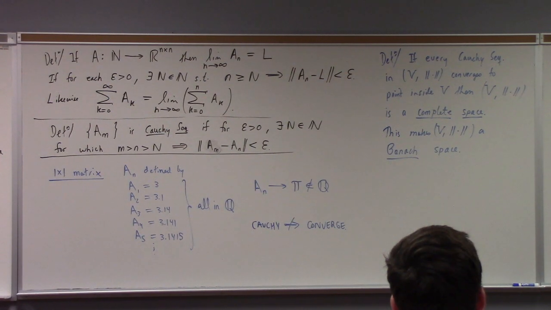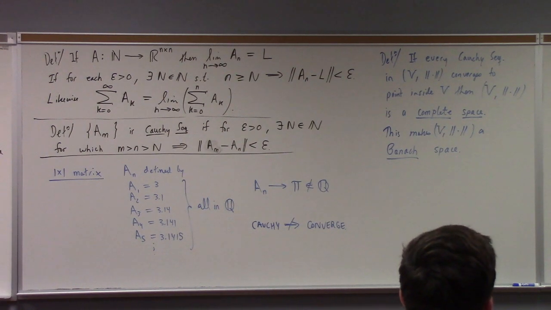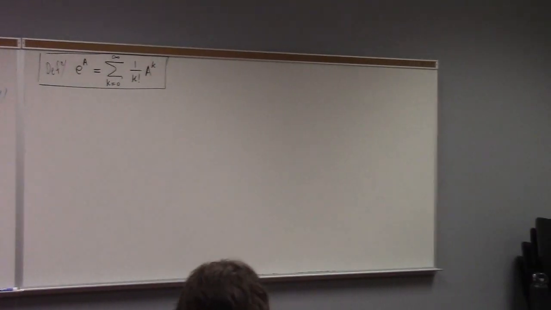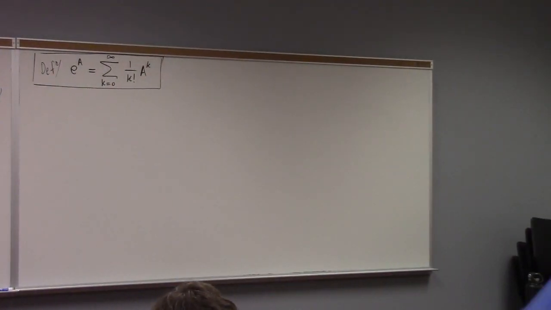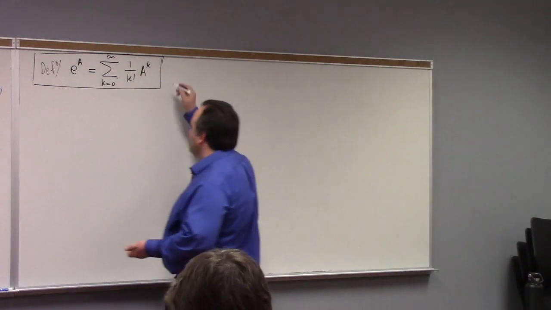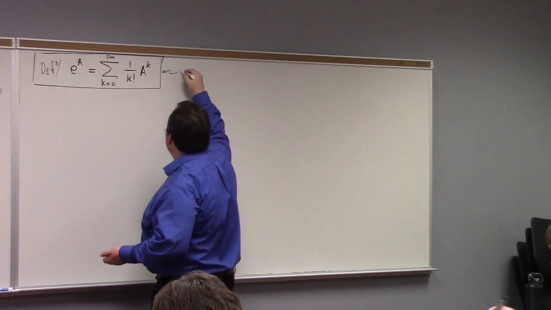Do you guys know what this is called? If A is a matrix, what do you think this is? Mathematicians are very inventive with names. This is the matrix exponential. So there you go.